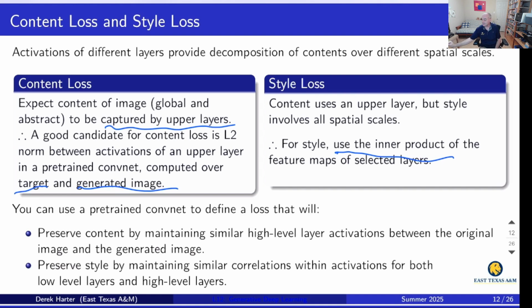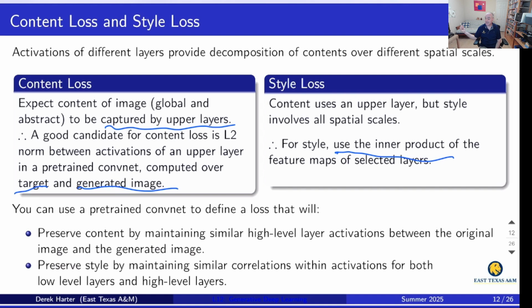And again, this is a correlation between the style image and the generated image, that's combining the style and the content of the two, right? So we'll select a couple of layers and do an inner product to get a correlation, which hopefully should give a measure of the style of these two images, right?